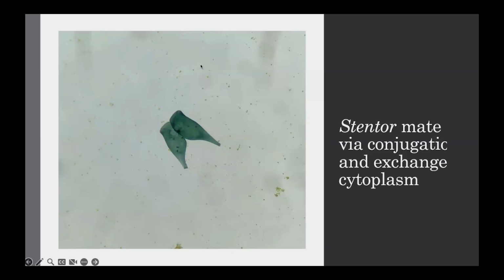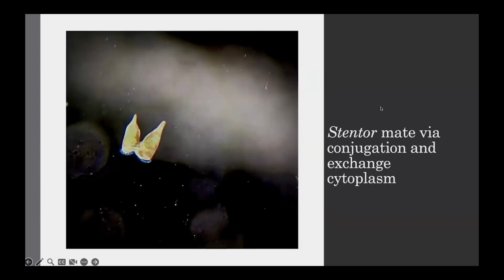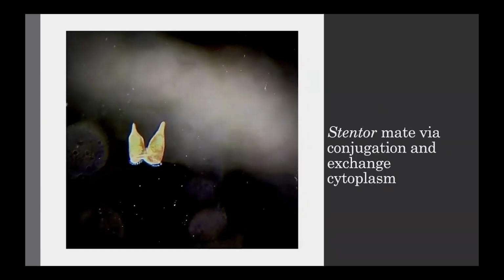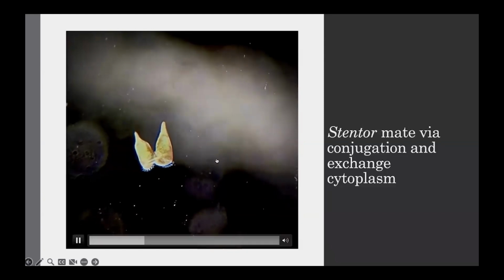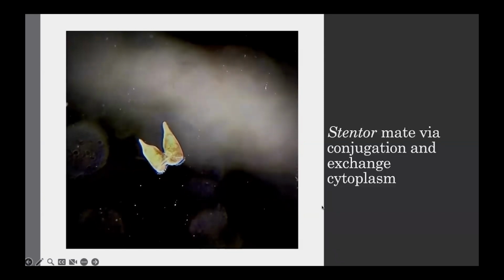The asexual method is binary fission, so they just split into two. But under stressed conditions, the Stentor mate via conjugation. Here you see two mating Stentor, and they're exchanging cytoplasm and nuclei. This is what that looks like under a microscope: two Stentor exchanging cytoplasm.